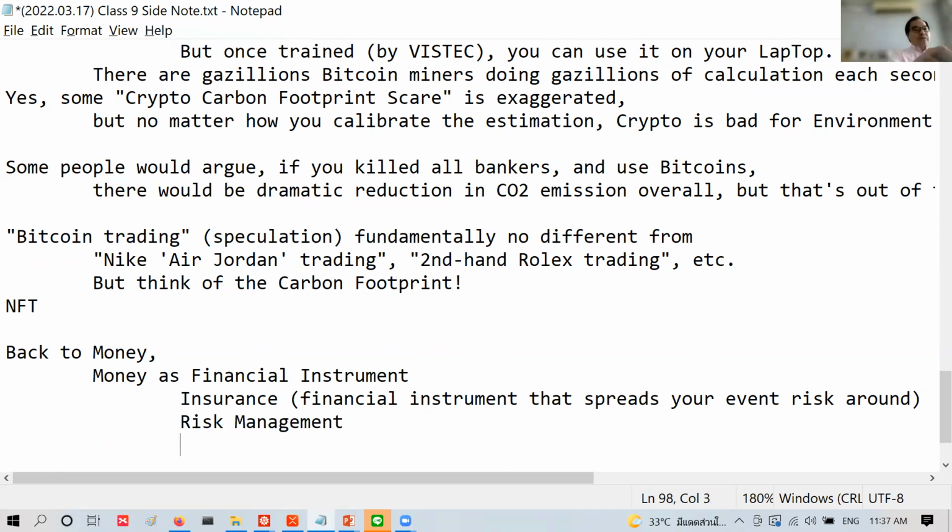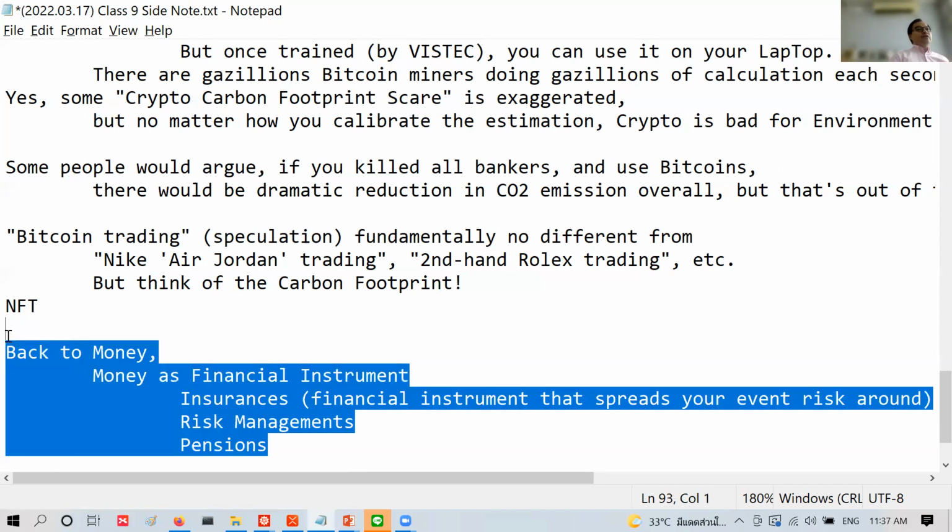Okay, how about store of wealth? You can think of assurance, pension. Make sure that when you are old, you have some money. Make sure that your children have education, right? All kinds of stuff. These are done by insurance policy.